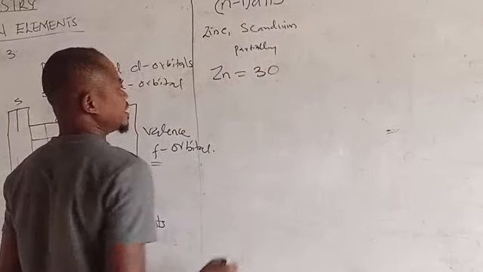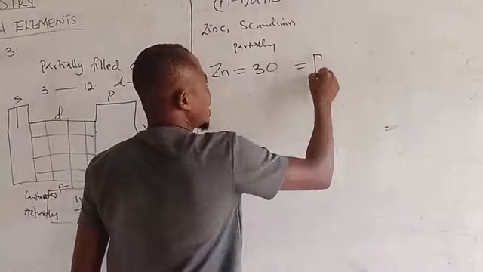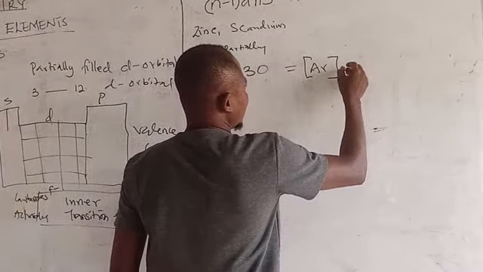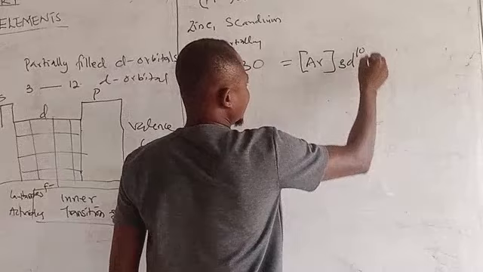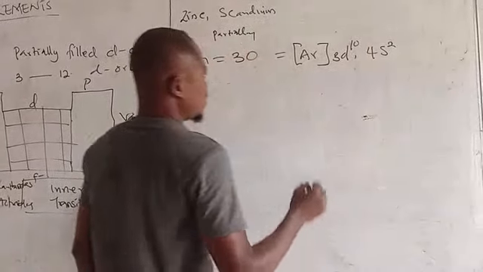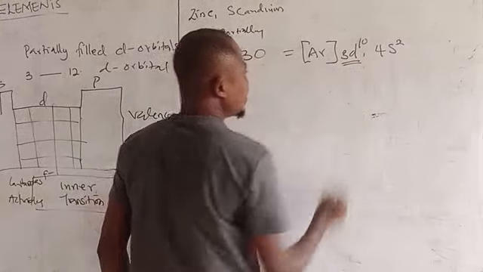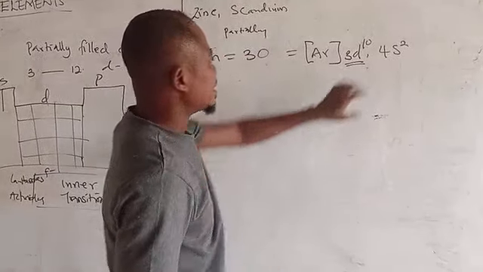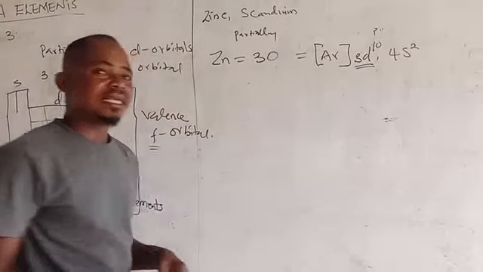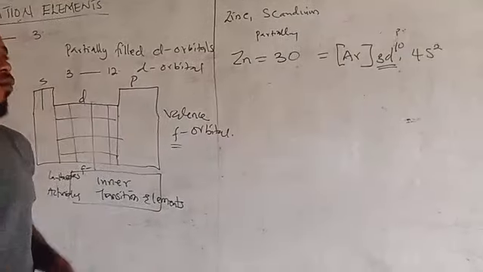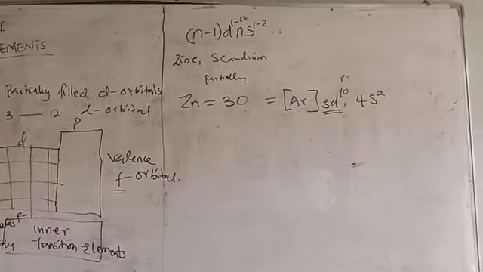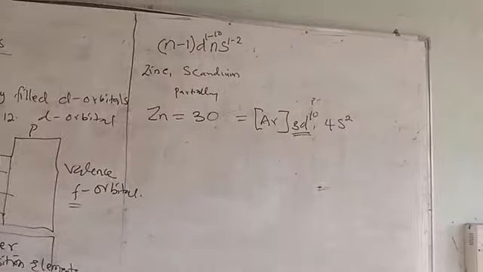Zinc is 30, so I'm going to have an argon core, 3d10, 4s2. Now looking at the d orbital of zinc, the d is not partially filled, and that is why it's not treated as a transition metal, but it is in that block of the periodic table because it is what? The D block.